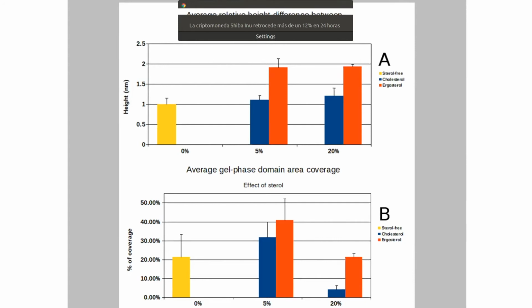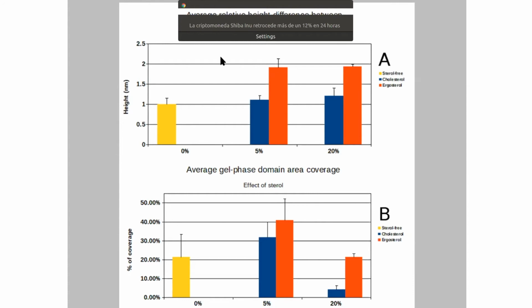So I'm not giving very much of the details, but this is the measurement of height, which is related to the membrane width, with atomic force microscopy, and the coverage of the different domains.